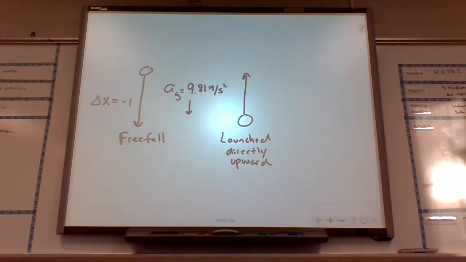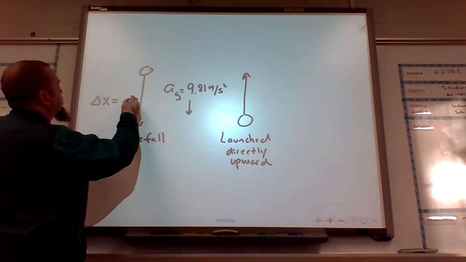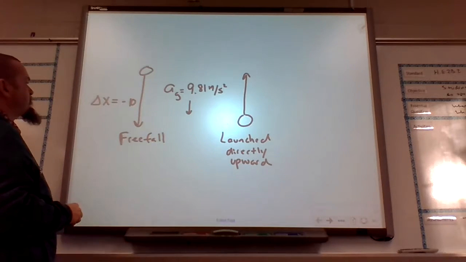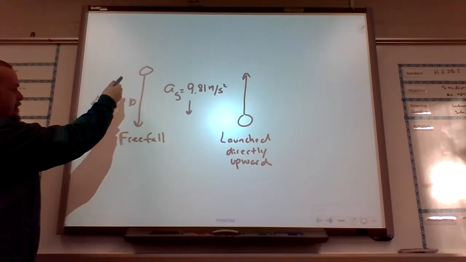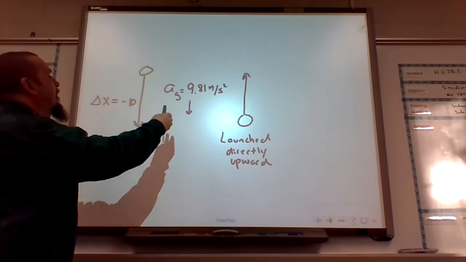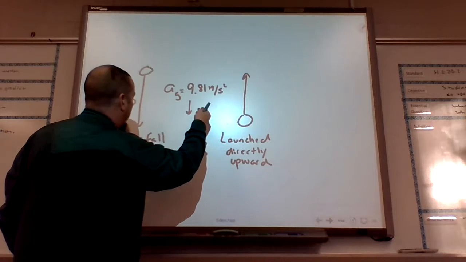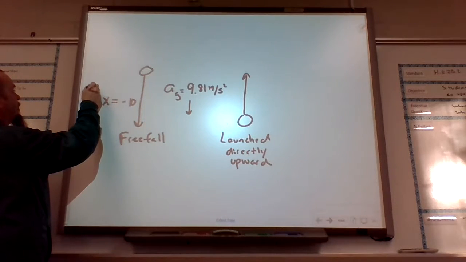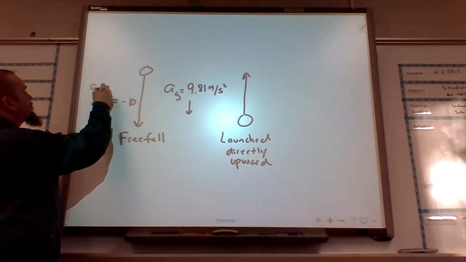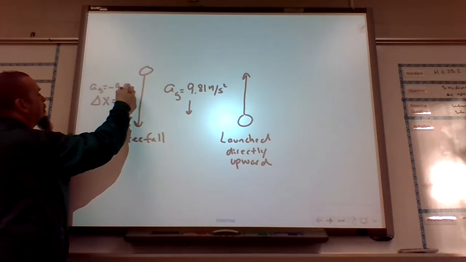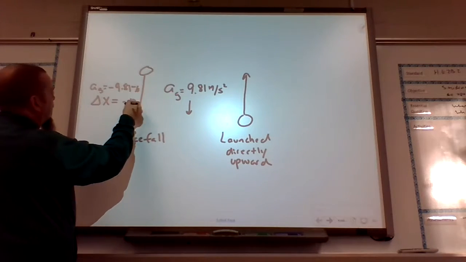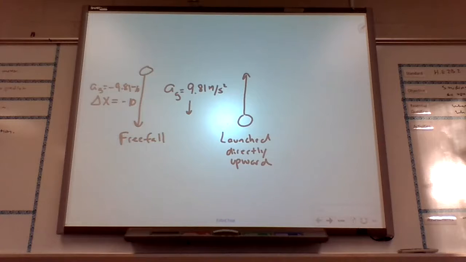So if it falls 10 meters, our displacement would be negative 10 meters, a negative displacement because we're going down. And gravity, because it's also going down, would be considered a negative number as well. This would allow your negative signs to resolve each other in your calculations, giving you positive times, for example.